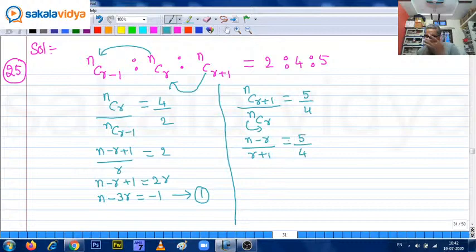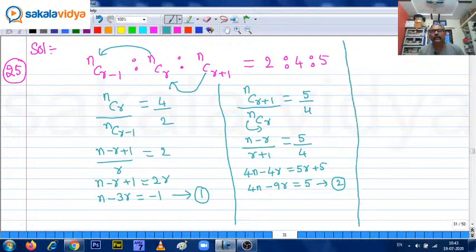Now cross multiplication takes place: 4n minus 4r equals 5r plus 5. Transposing 5r to this side, we get 4n minus 9r equals 5, say equation 2. Now we need to solve these two equations to get the n and r values, using nCr by nCr minus 1, a sum of the binomial theorem itself.